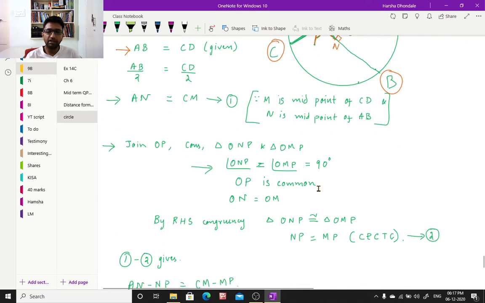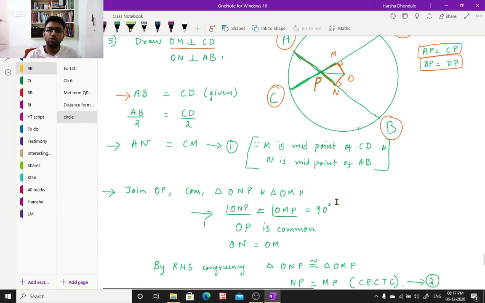Next, OP that I just joined is the common side for both the triangles. OP is common. And then ON is equal to OM. Why is ON equal to OM? Simply because equal chords are always equidistant. Therefore, ON is equal to OM.